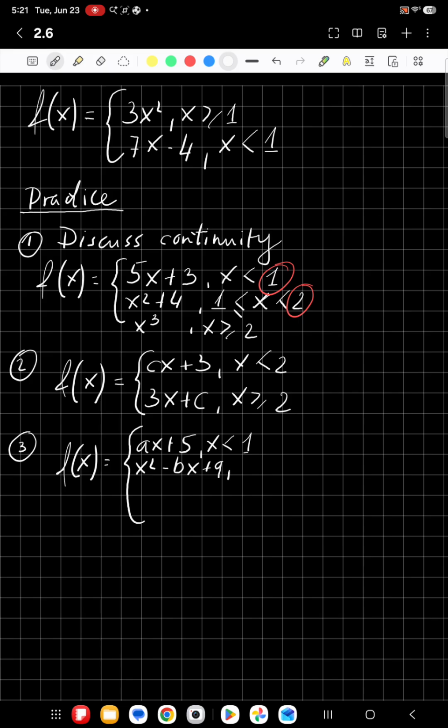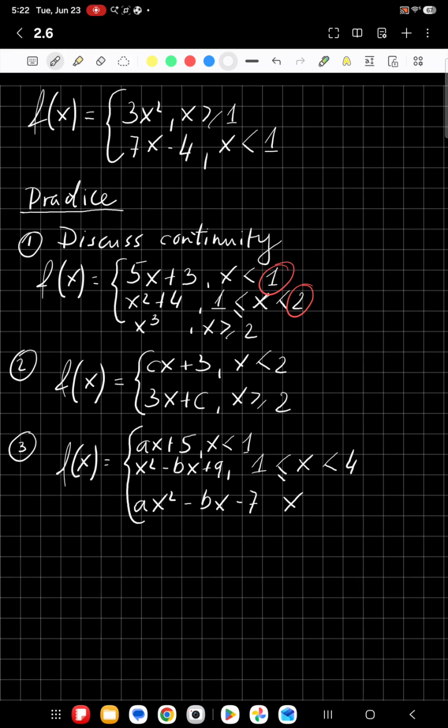So that second interval is x between 1 and 4. And the last function is ax squared minus bx minus 7.